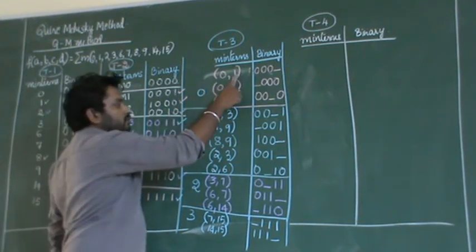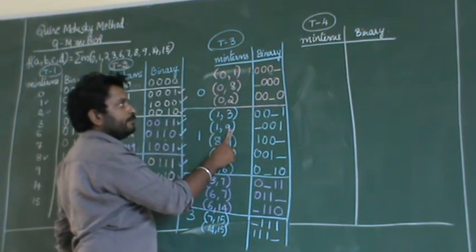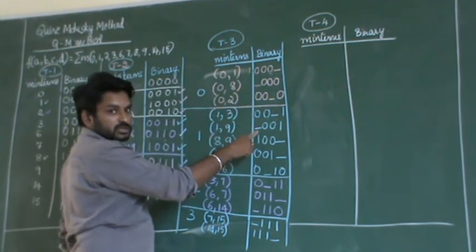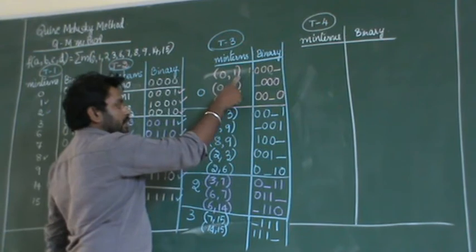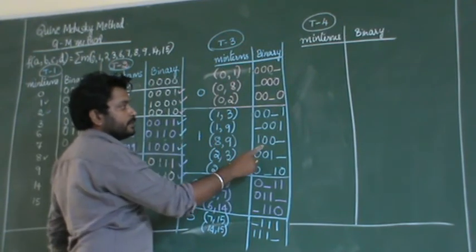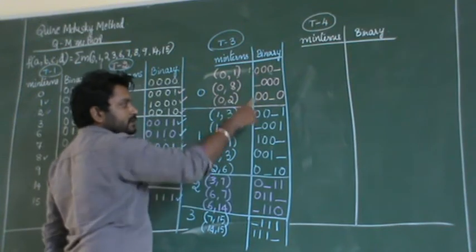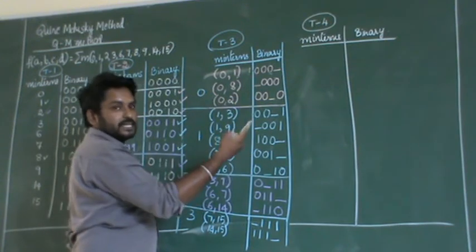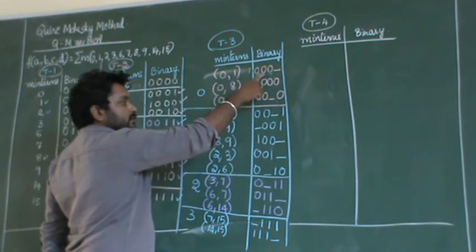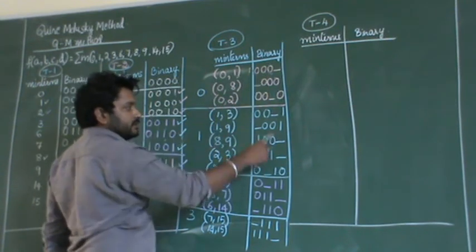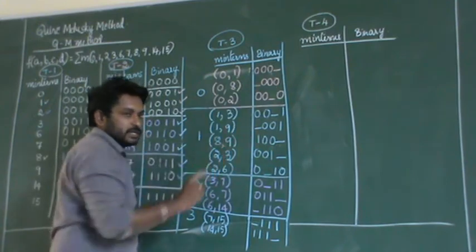Next, 0, 1 and 1, 9 is impossible. It is not possible, okay. 0 with the dash is not possible. Next, 0, 1 with 8, 9 is possible. Yes, it is possible. How will you get to know? See here, 0 1 11, so I can put a dash. 0 remained as 0, 0 remained as 0, and dash remained as dash.